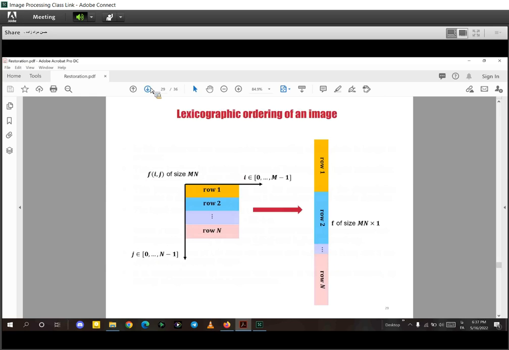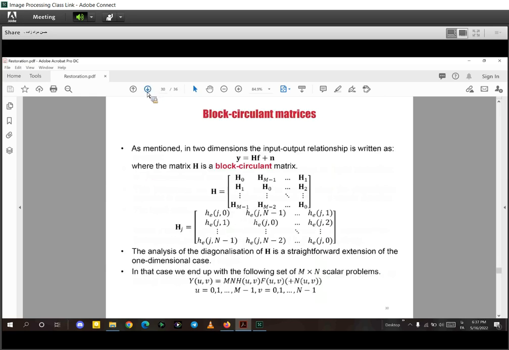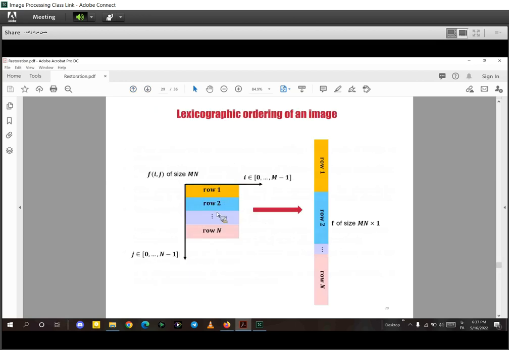As for example, this is the slide. Row 0, row 1, row 2, up to row n. This is the axis of i, and this is the axis of j, with i over m items and j over n items. f(i,j) is of size m by n.